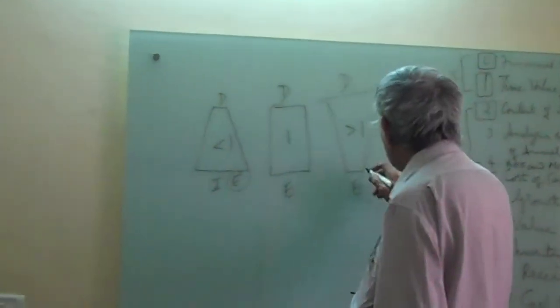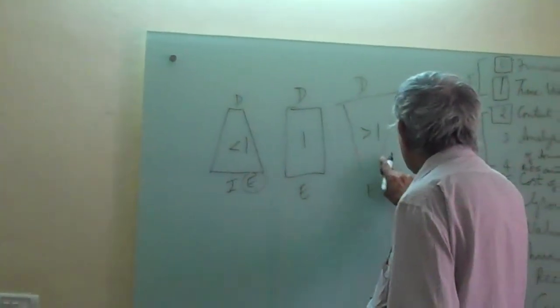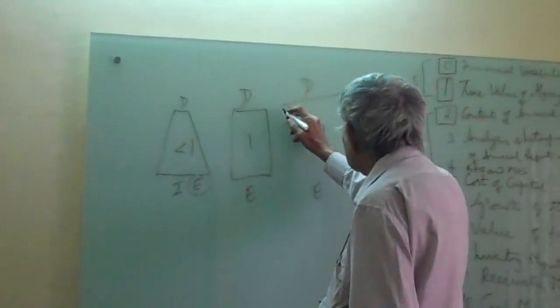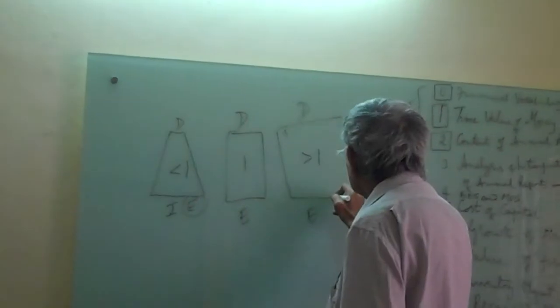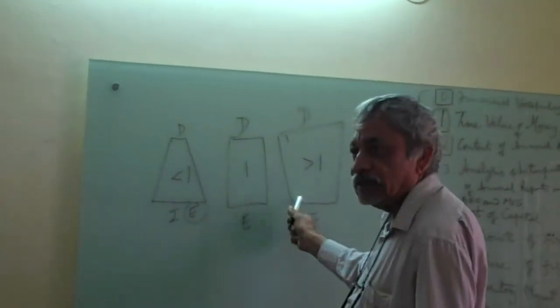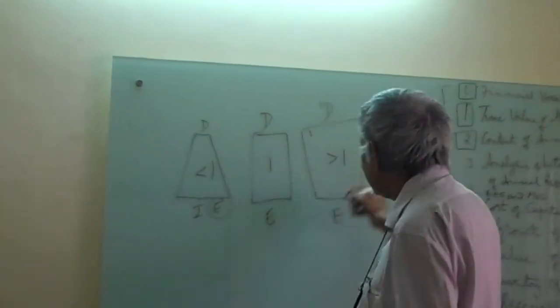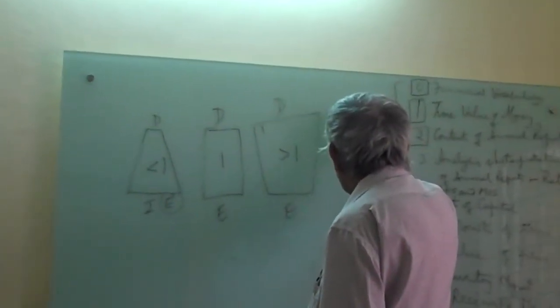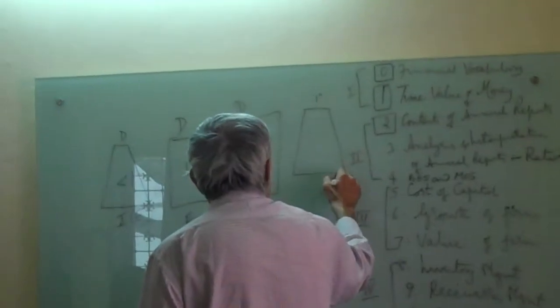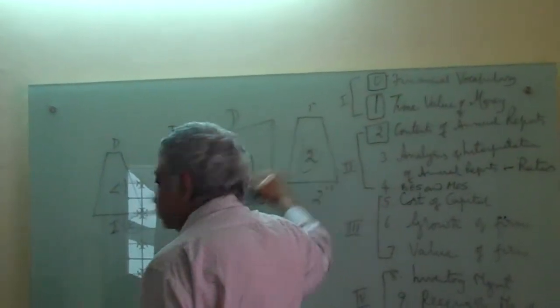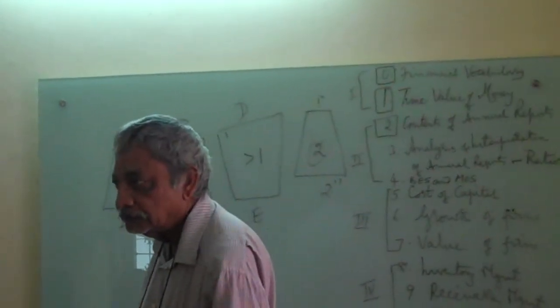So it could be perhaps if it is like this. It is not square like this, but definitely greater than 1, but not up to 2 yet. And if it is something like this, 1 inch, and if I have a 2 inch here, then the debt equity is 2.